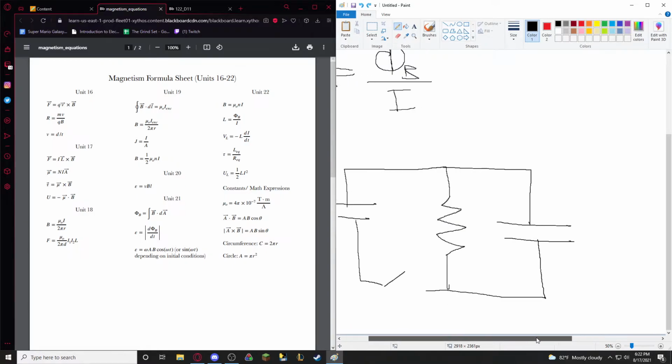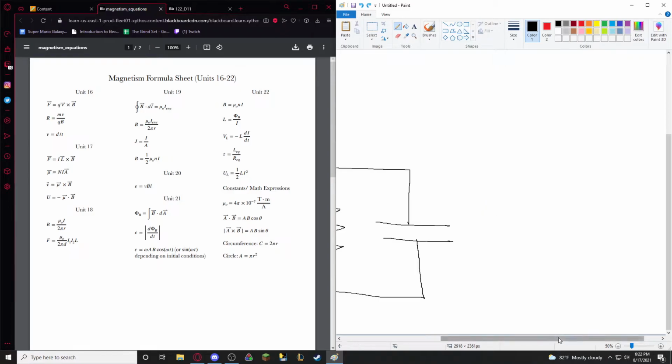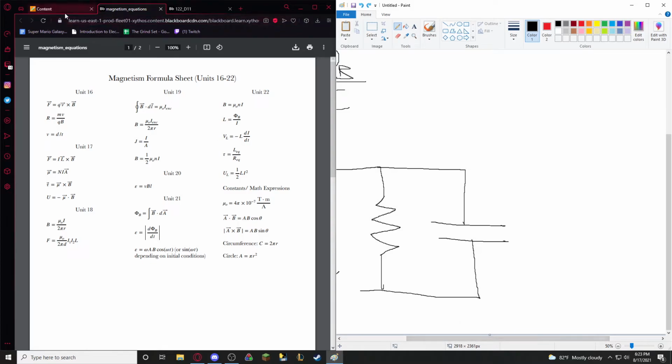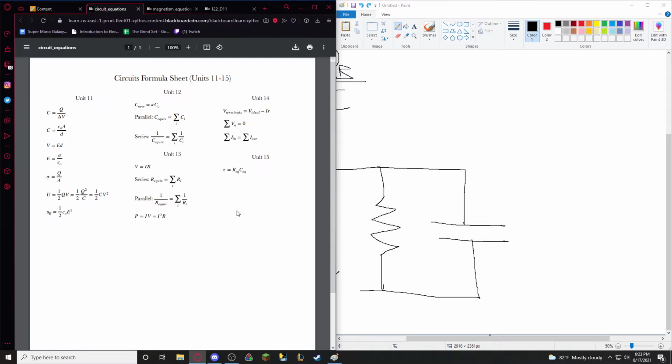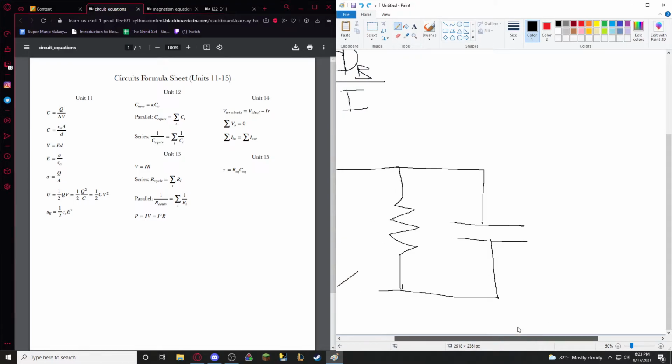We can quantify how it charges or discharges using the time constant, if we remember from the circuits formula sheet, R equivalent times C equivalent, essentially for the whole circuit. The capacitor charges up, and remember we had that e to the negative t over tau. So the current through the capacitor starts very high and then tapers off down to nothing, so it looks something like this.